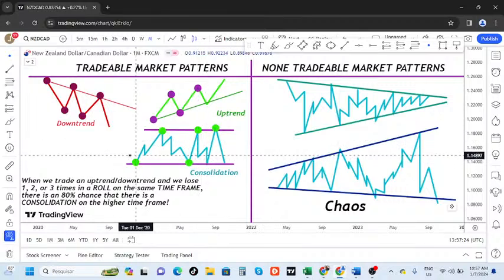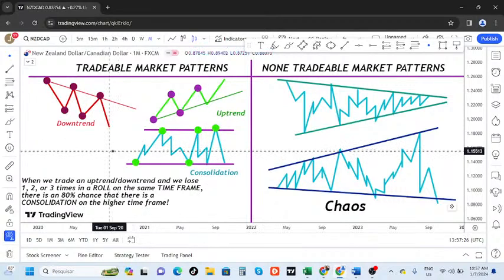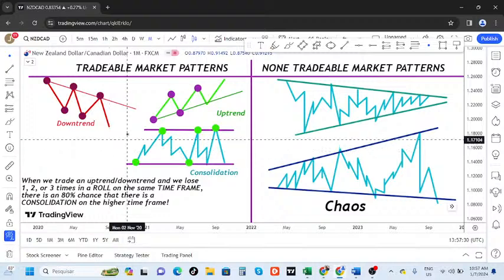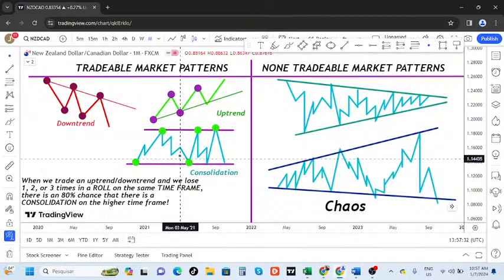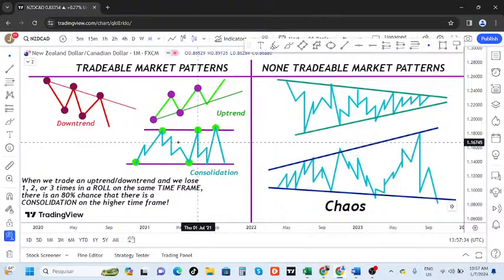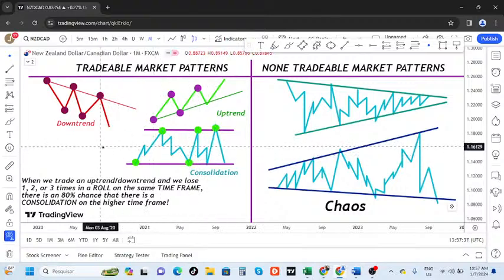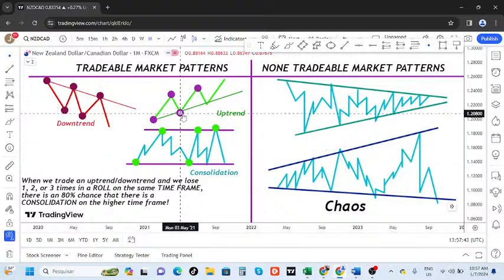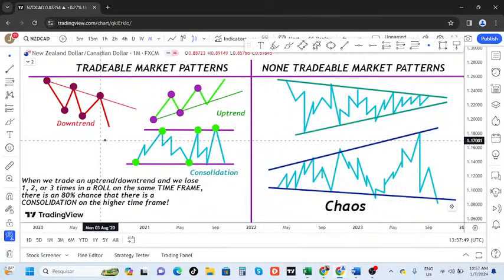Once we see them on the higher time frame, we can capitalize on them, confirming it on the smaller time frame before we trade. For example, if we see a sideways consolidation on the daily time frame, we can easily trade it on the 4-hour, 2-hour, 1-hour, all the way down to the 15-minute chart. If we see a confirmed uptrend on the daily, weekly, or monthly, we can trade it on the smaller time frames.